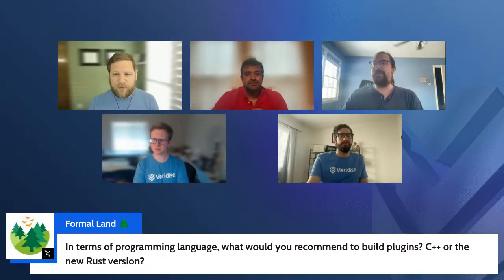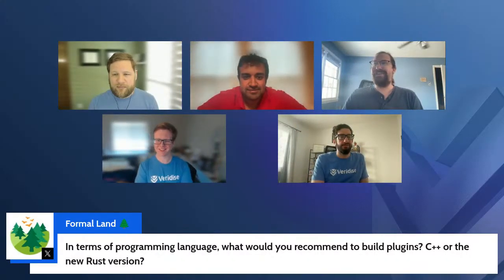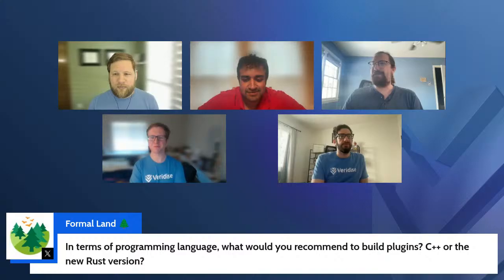I don't think it's fully capable at this time. Okay, so it sounds like you could use Rust or C++, or if you wanted to, you could use Python. But if you want to use Python, maybe let us know, and we can try to help you a bit more.